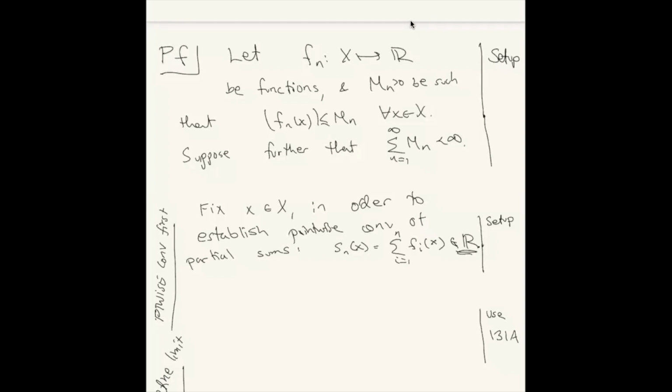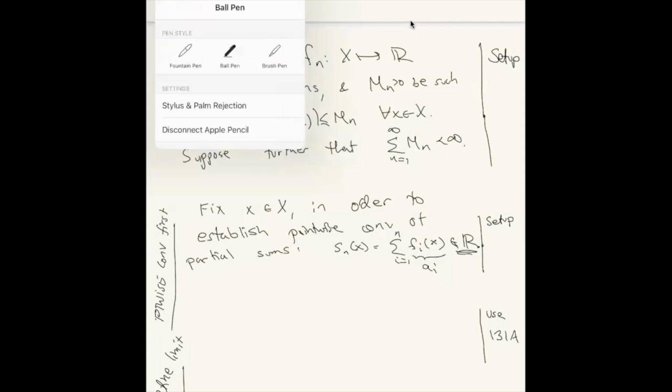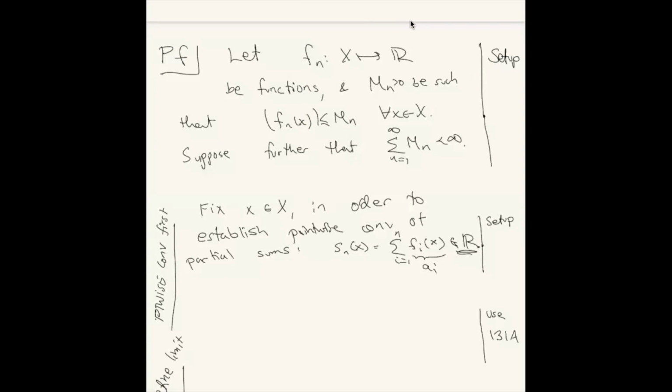So how do we get that this converges? Well, we said that we essentially have two tools that help in 131A. So this is a series of real numbers a_i, so it's enough to show that it converges absolutely. Actually, I'm going to go more direct because we stated the comparison test in this way. Now I want to introduce this a_i so that I forget about the x for a moment.